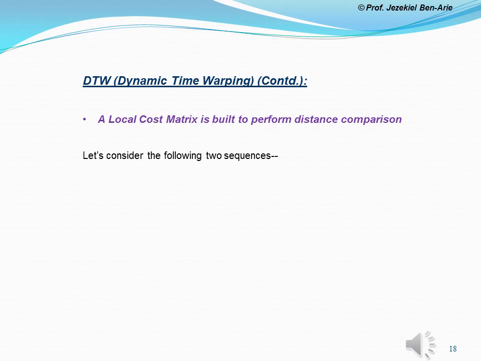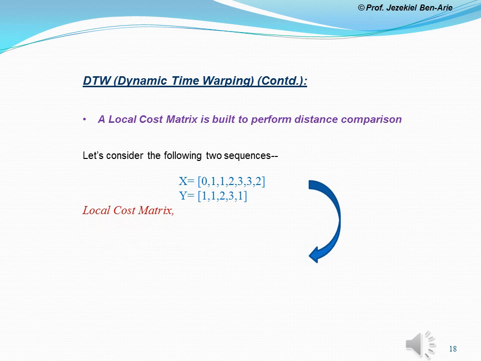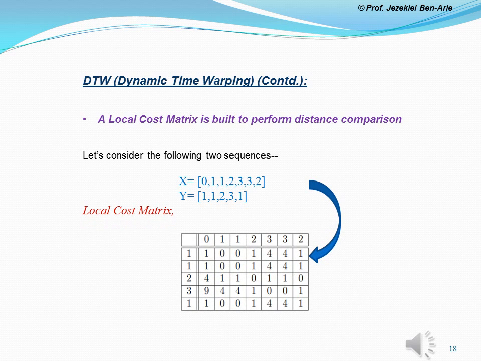Now we would like to get into brief details about the methodology of DTW. A local cost matrix is built to perform distance comparison. To understand this better, let's consider two sequences. Sequence X is the exemplar sequence, and sequence Y is the input sequence. We just put samples of both sequences in the horizontal and the vertical axis respectively.